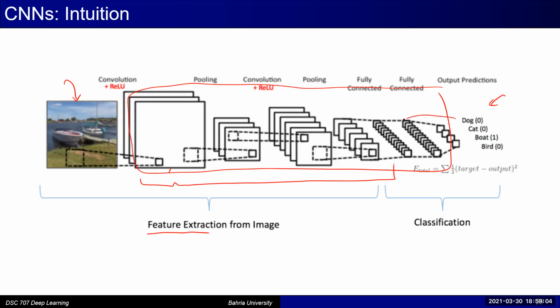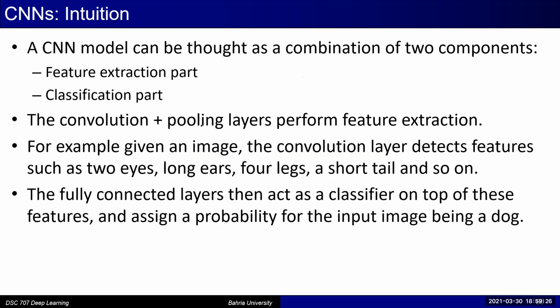And if you see this later part of the network, which is like a conventional MLP, this is actually your classifier part, right? So if you see them as two independent logical groups within this end-to-end model, you can say the convolutional part is extracting features, and then those features which are extracted by the convolutional part are fed to a classifier, which is like an MLP, fully connected layer, right?